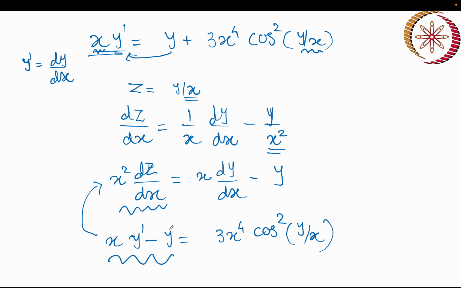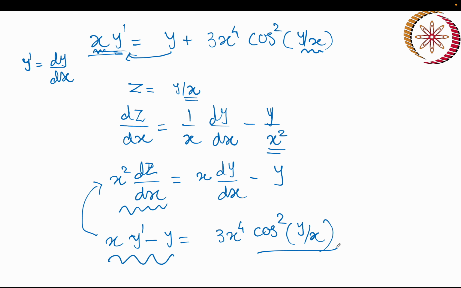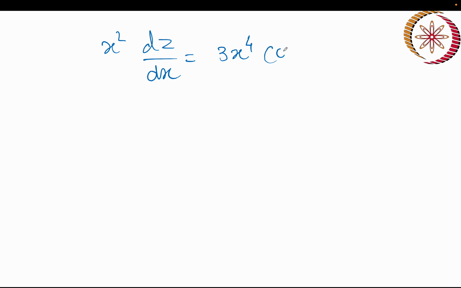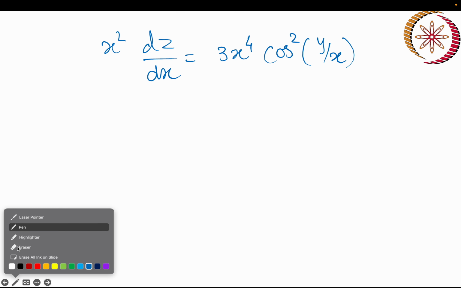So x square dz by dx is equal to 3x raised to 4 cos square y by x. This y by x we will write as z.